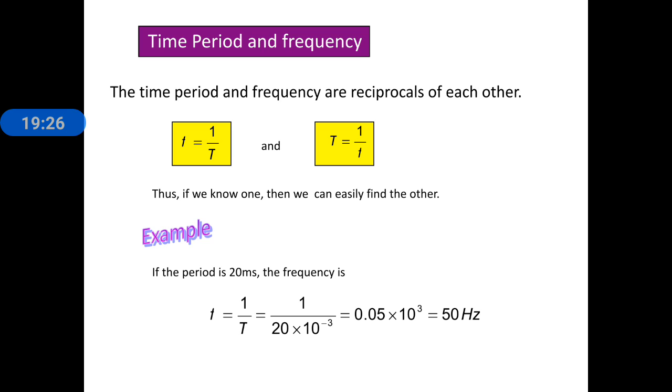If the time period is 20 millisecond, the frequency is 1 by time period. So 1 by 20 millisecond, 1 by 20 into 10 to the power minus 3. Milli means 10 to the power minus 3. We will get the answer as 50 hertz.